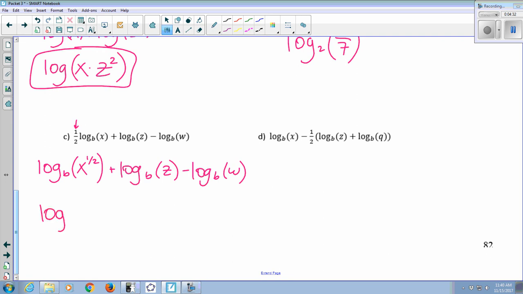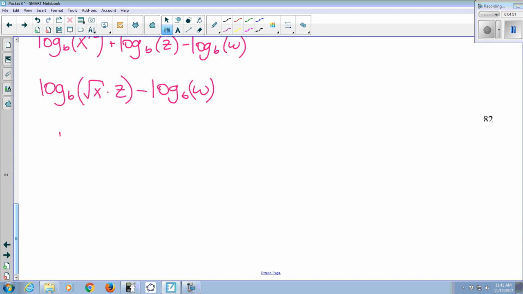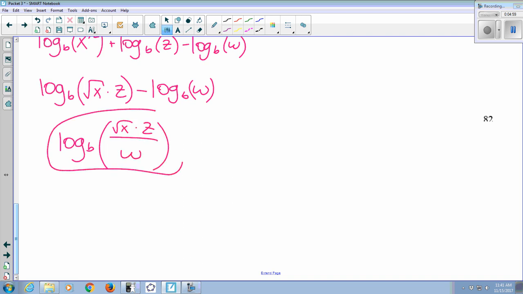So this is log base b. I'm going to rewrite x to the 1/2 as the square root of x times z, and then minus log base b of w. And then you can take your subtraction and compress that into a quotient. So I have log base b of square root x times z over w.